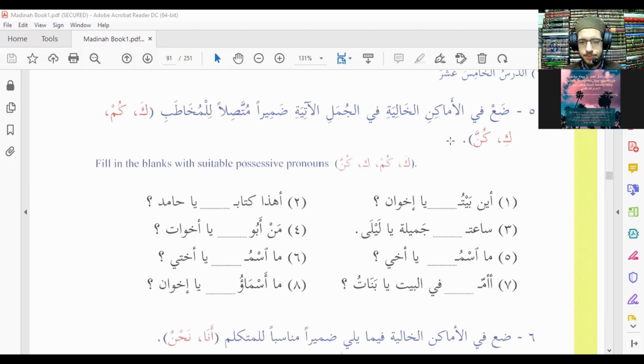Very good. في البيت يا بنات. أمكن. Is it Emma? They have a female slave, or is it أمكن في البيت يا بنات. There you go. يا إخوان. ما أسماؤكم يا إخوان. Very good.